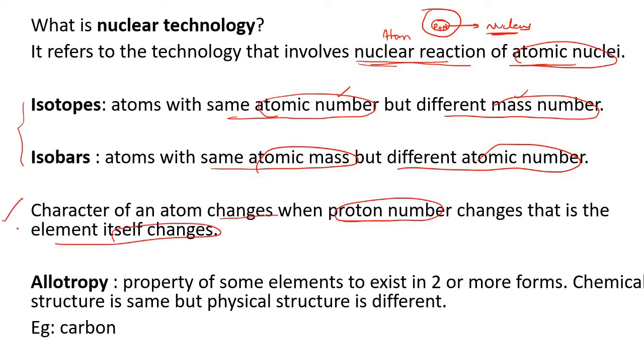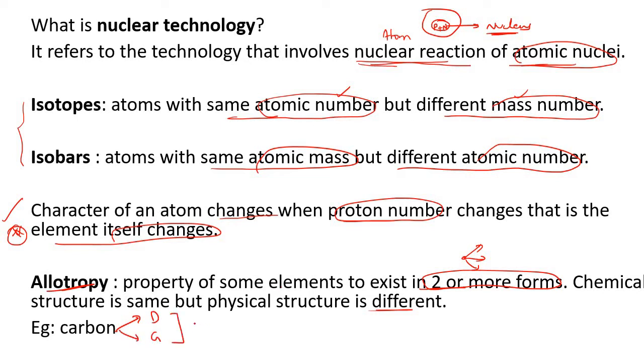Hope you got this. Okay, and next we will see allotropy. It is the property of some elements to exist in two or more forms. Okay, means one element is existing in different forms. So chemical structure is same but the physical structure is different. So let's take example of carbon. Carbon's allotropes are diamond and graphite.